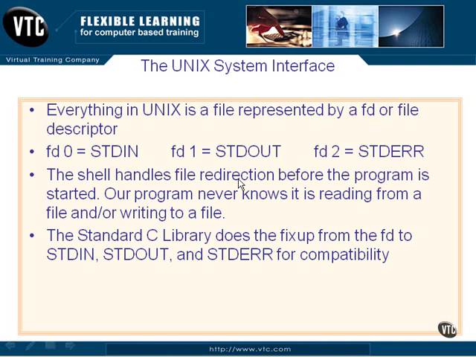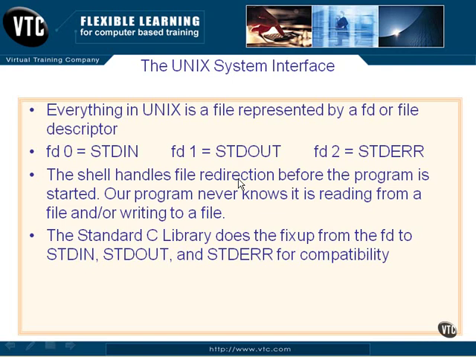Our program never needs to know if it's reading from a file or writing to a file, because everything's a file as far as we are concerned when we're running on Unix. So we don't care. We use standard in, out, and error. We have used those because the standard C library does the fix-up from the file descriptors to those names that we know.